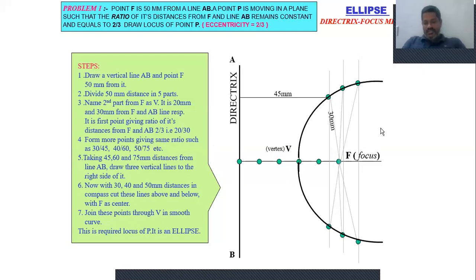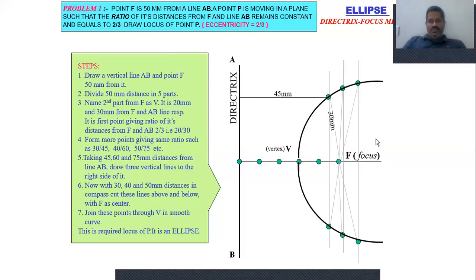Then go on further until you move this vertex along the horizontal axis. We can get the closed ellipse like this. Okay, so this is the ellipse, constructed in the general method by taking the directrix and focus like this.